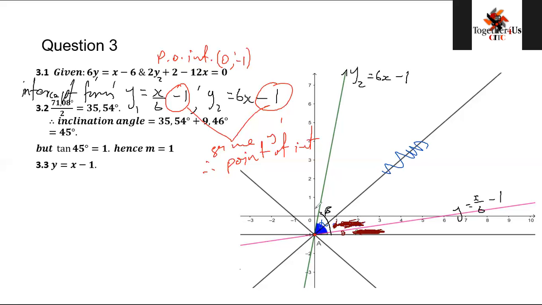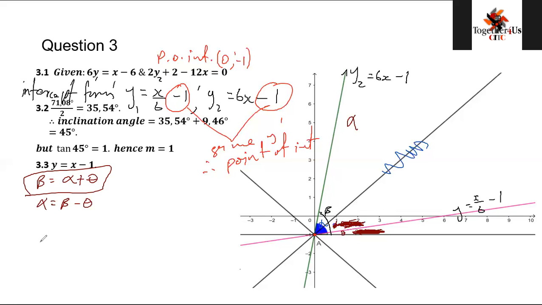So now we can see that we are actually looking for alpha. Alpha is, let me just write it here, alpha equals beta minus theta. Why? Because beta is the sum of alpha plus theta. That's the original equation. Now, do we know beta? Yes, we know beta.